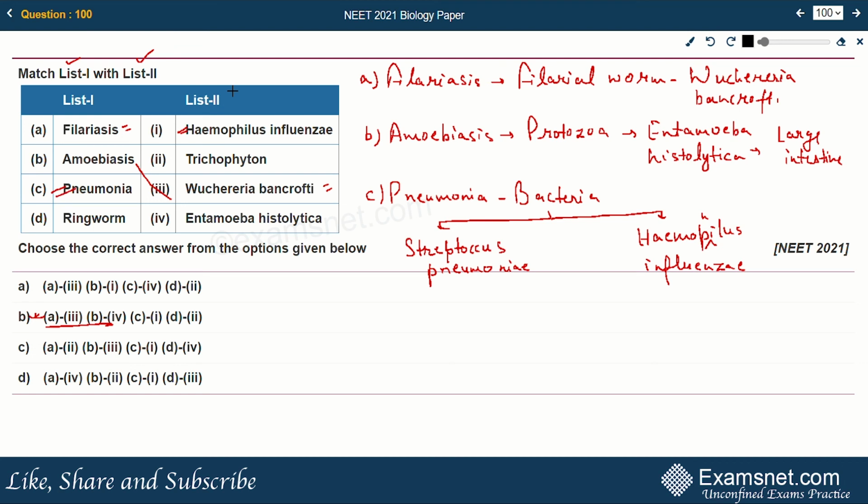And the last one is ringworm. So the ringworm is caused by which kind of organism? Fungi. And the fungi can belong to any of these genera. First one is Microsporum. Second one is Trichophyton.